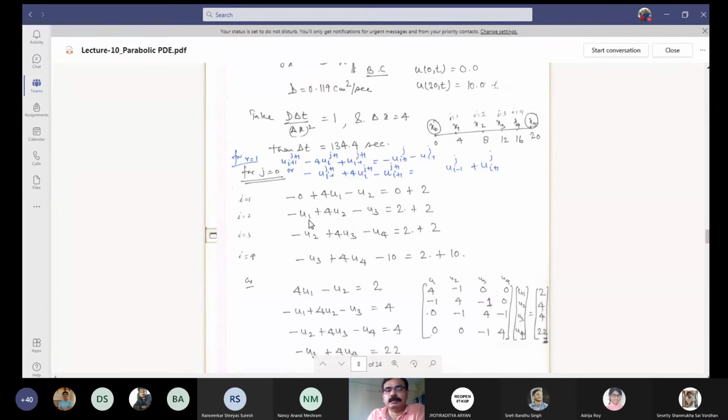For i equal to 2, it will be minus u1 plus 4u2 minus u3. You have to calculate all these values at j equal to 1, nothing is known to you. For example, u12, u22, u32.